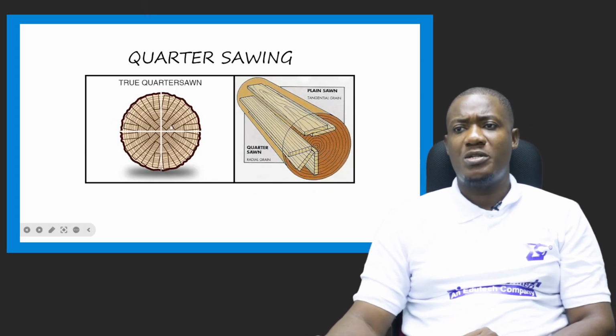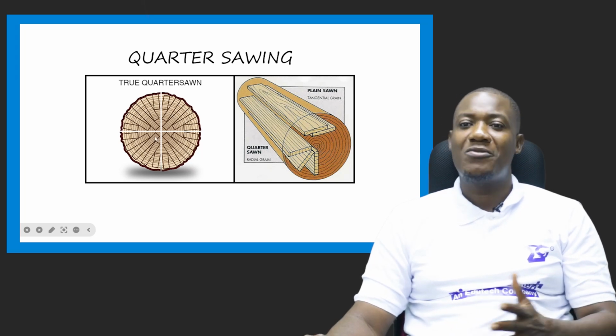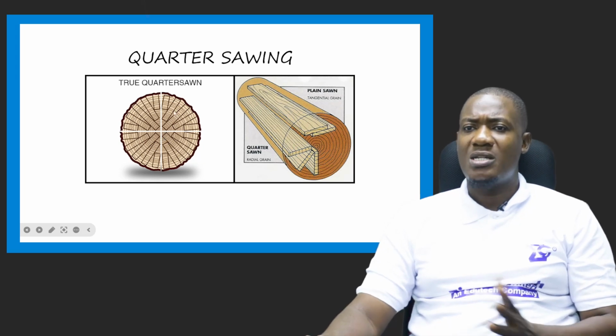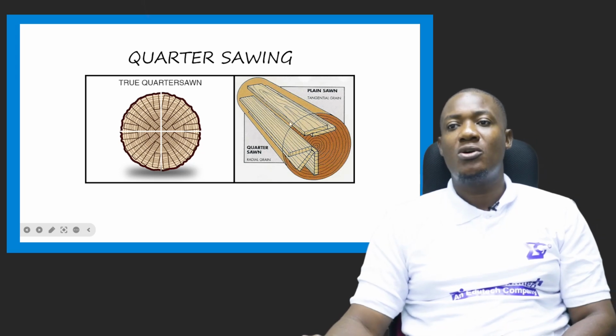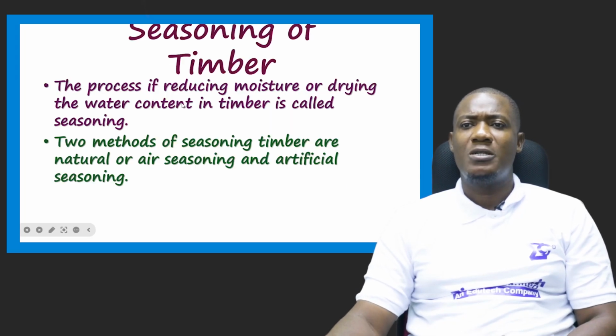You can see from here what it looks like. Plain sawn method, very easy. But with the quarter sawn method, you have to take your time to do it. These are wastages, but the plain sawn method will not incur much wastage. So a businessman will rather take the plain sawn method.